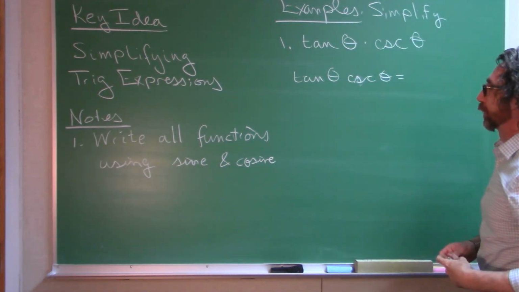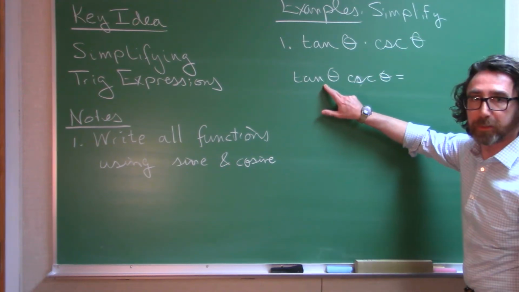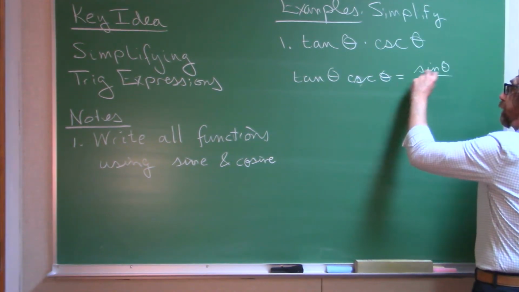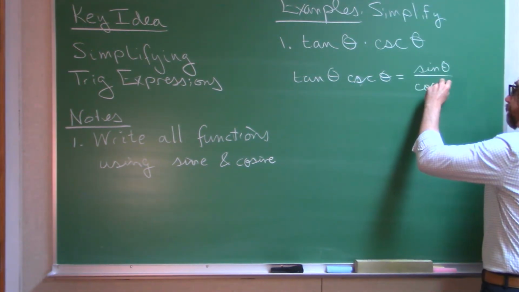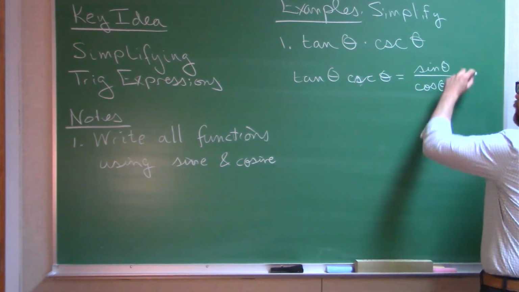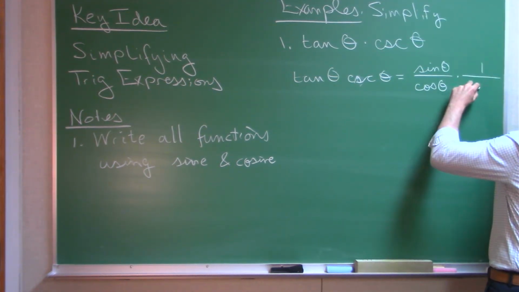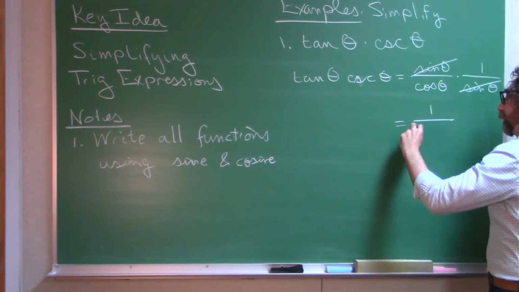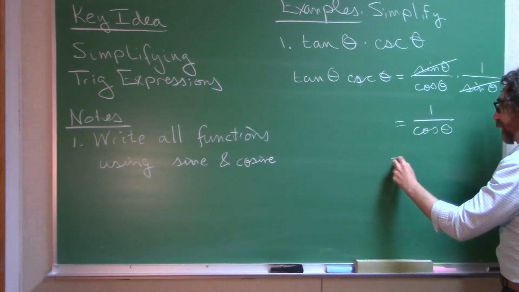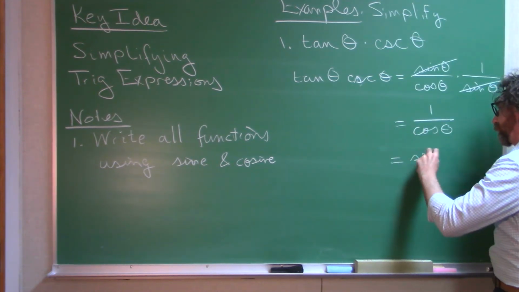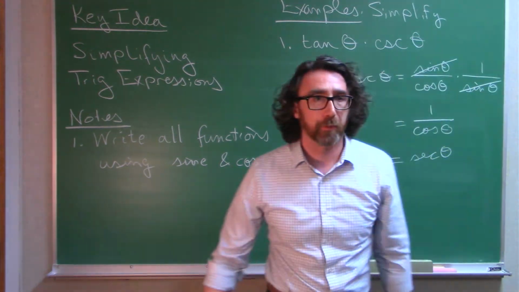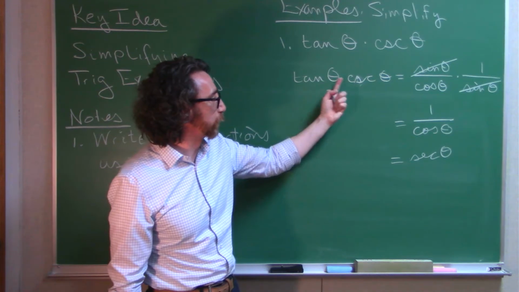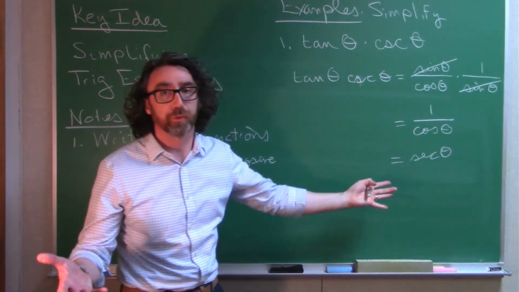Well, using our ratio identity, the tangent function, we can rewrite that as sine theta over cosine theta. Cosecant, using the reciprocal identity, that's 1 over sine theta. Here the sines cancel each other out. So that's equal to 1 over cosine theta. 1 over cosine theta we know is secant theta. So this expression right up here, tan theta times cosecant, is actually equal to secant.